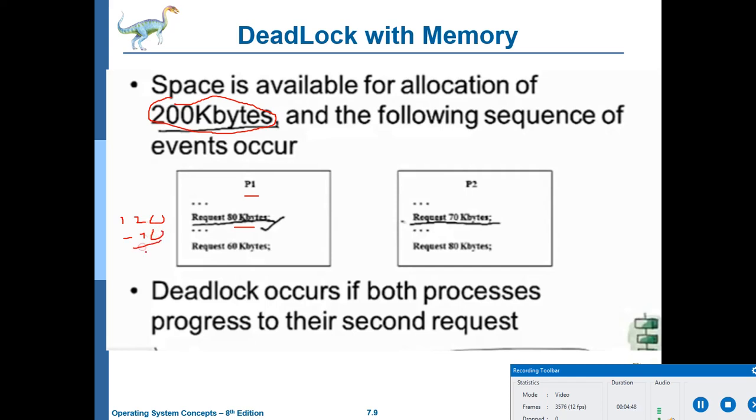So 50 bytes of space is still left. Now P1 requests another 60 bytes and P2 requests another 80 bytes. A deadlock will occur if both processes progress to their second request, because not enough memory space is available for either process.